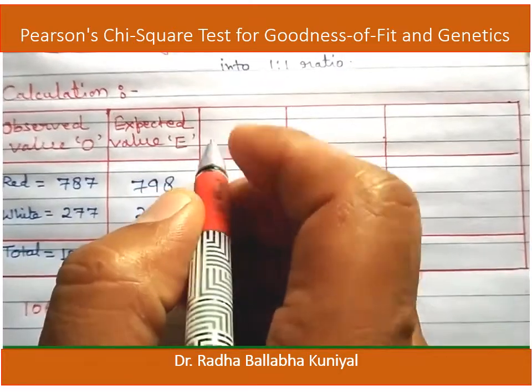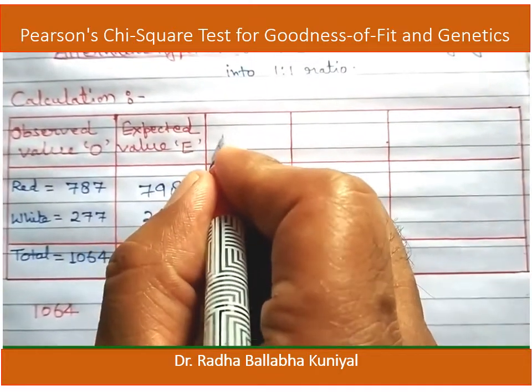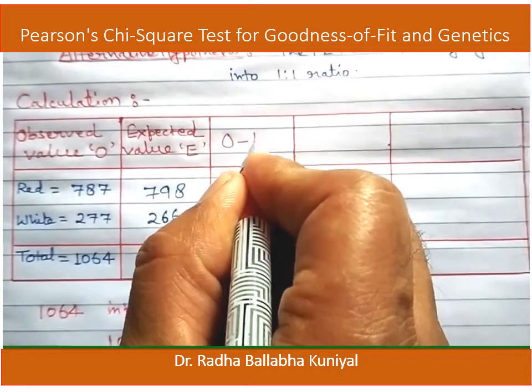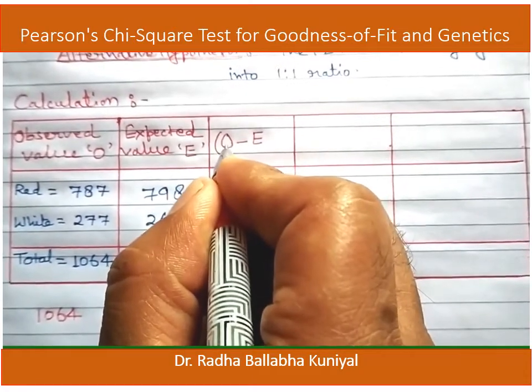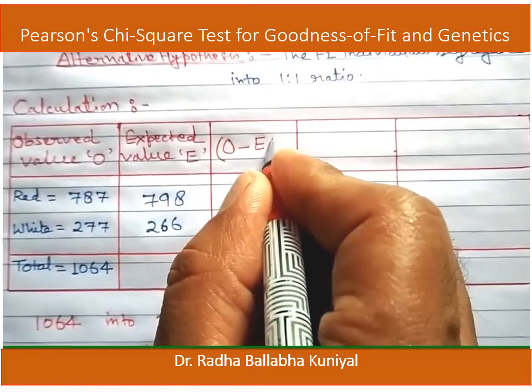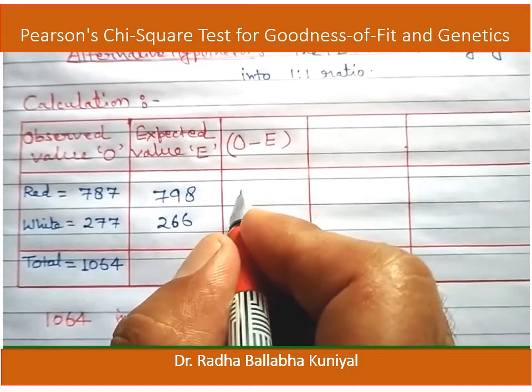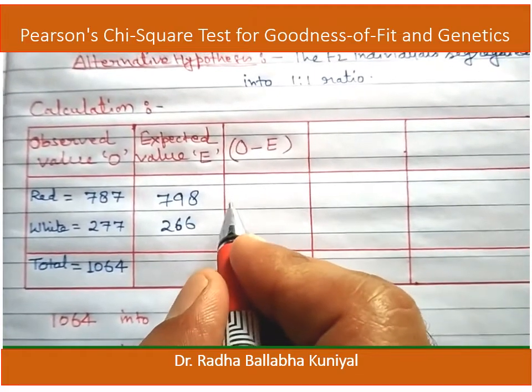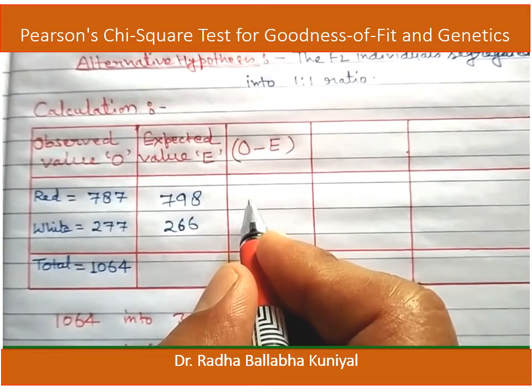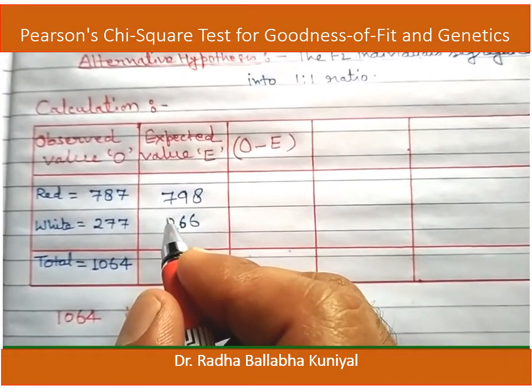Now in the third column we will write the caption O minus E, meaning observed frequency minus expected frequency, and here we will calculate the variation between observed frequency and expected frequency.